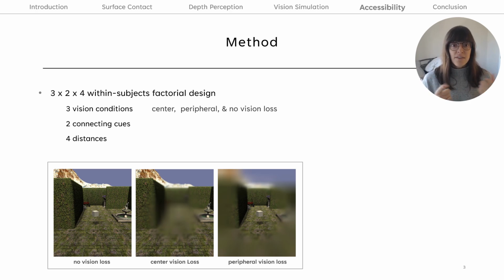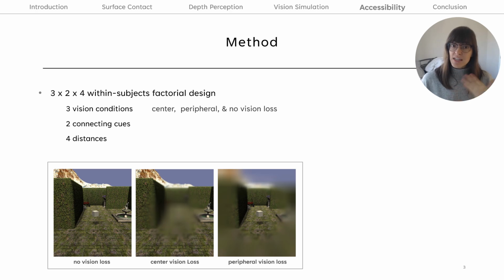The area of the field of view that was affected by downsampling was then dictated by a radial gradient area, which is really nice for this study because radial visual field loss allows us to model visual field loss perfectly around eccentricity from the center of one's gaze. And so the radius of this circle was set to match 20 degrees eccentricity from the center of the screen.